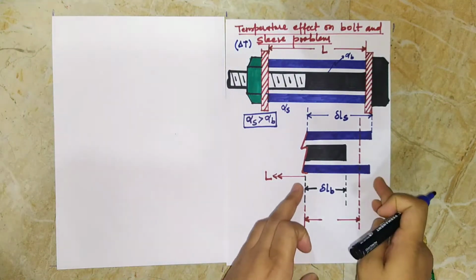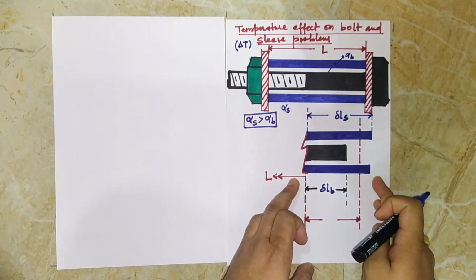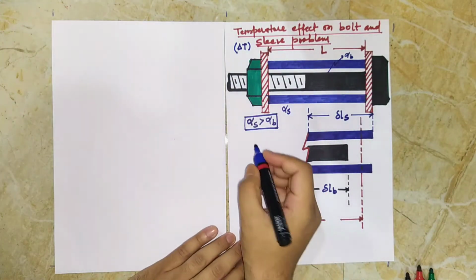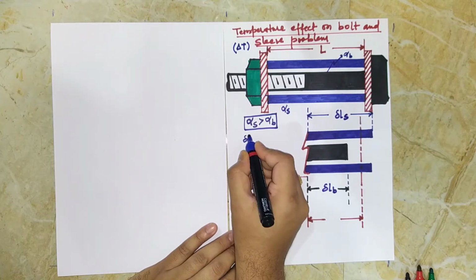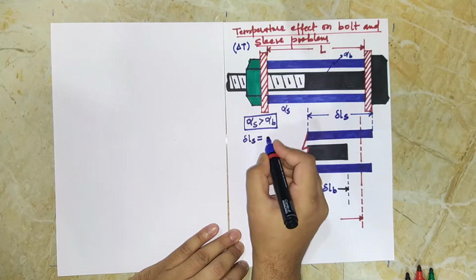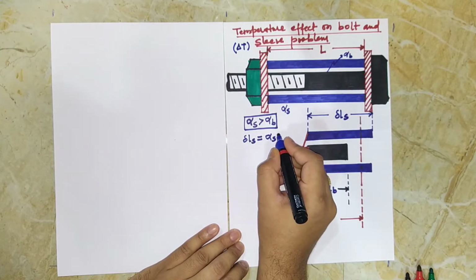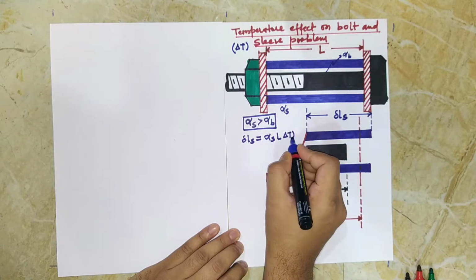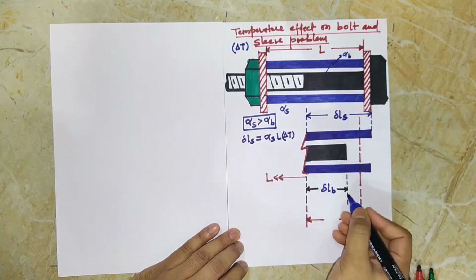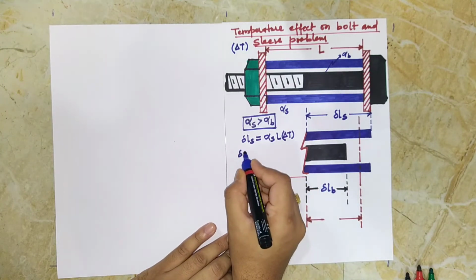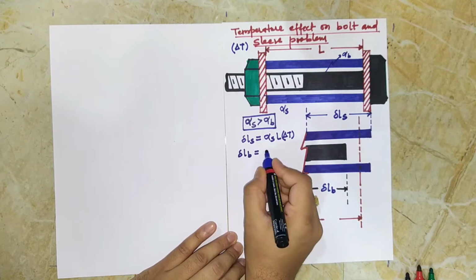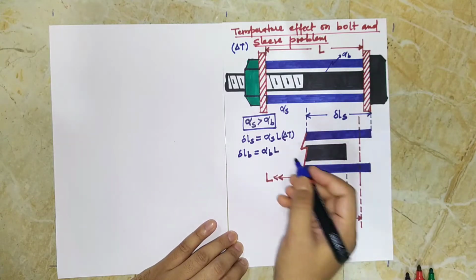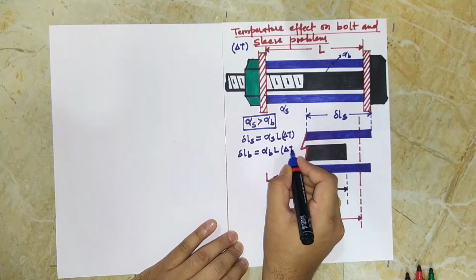These are the free expansions when subjected to the thermal load, that is del T. Del Ls can be quantified as the change in length of the sleeve due to thermal expansion: alpha sleeve into length of sleeve into change in temperature. Similarly, the change in length of the bolt is written as del LB equal to alpha B, length, both having the same length initially, and change in temperature.